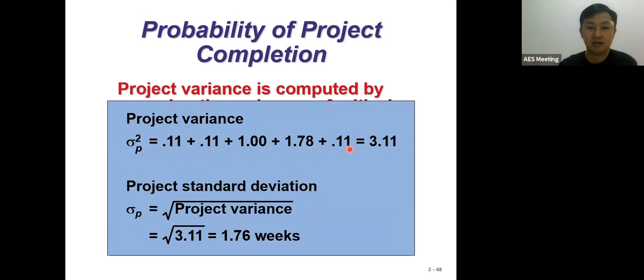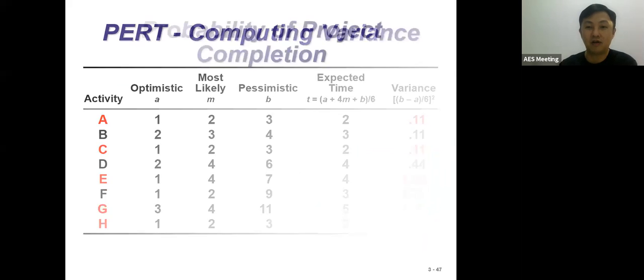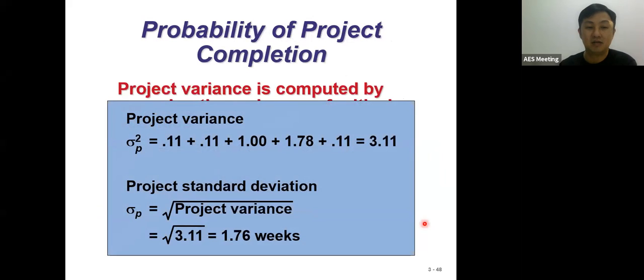Where do you get all these numbers? They come from activities A, C, E, G, and also H. If you add all the variances of the activities on the critical path, we get 3.11.